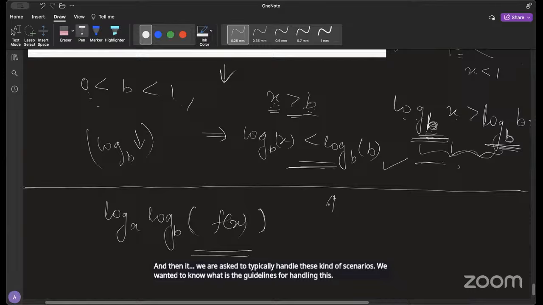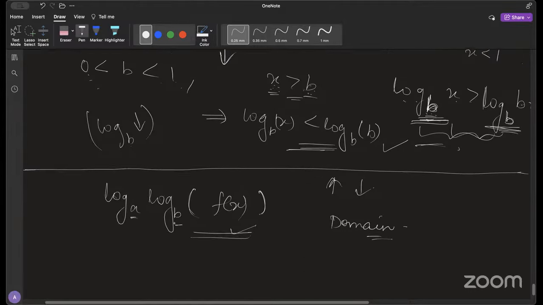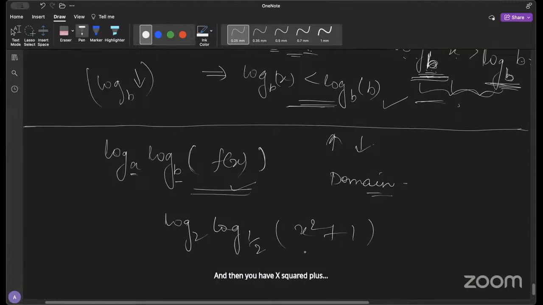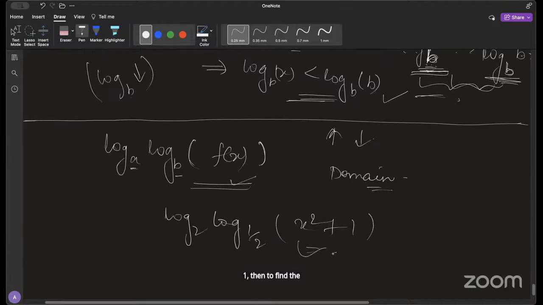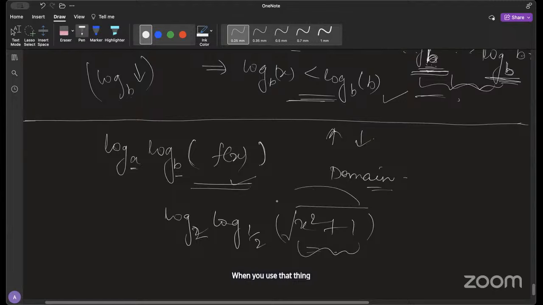Yeah, if it's an increasing, decreasing function question about monotonicity, then we've already discussed that. You can handle it depending on the base. If it's a domain question, let's say you have log base 2, then log base half, and then you have x square plus 1. To find the domain, you can put anything, or if you have a square root here, then you use that. But first you check this one, find the domain of this, and then you intersect with the values of x.